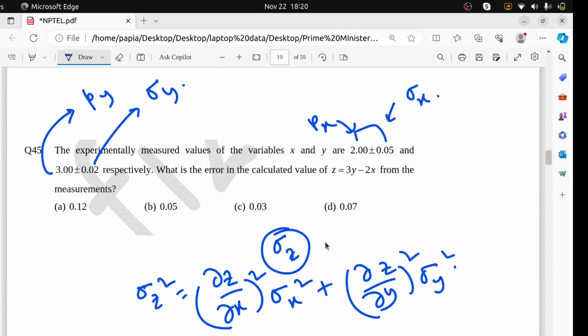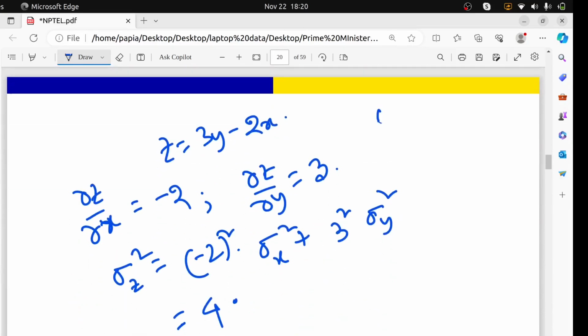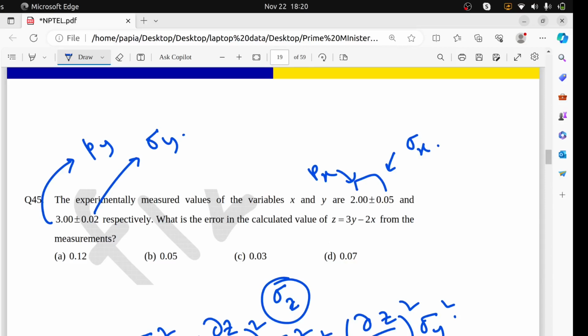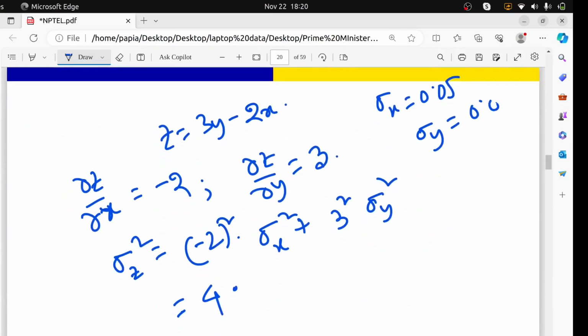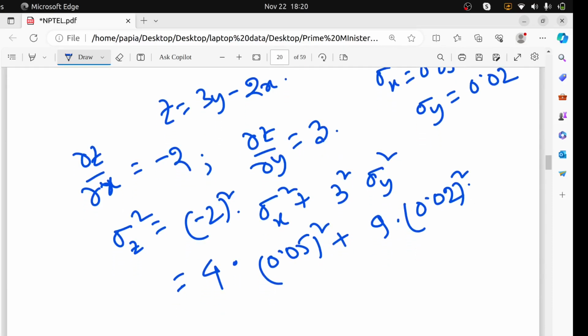Sigma x square is how much? You can see here 0.05 as sigma x. I am going to write here sigma x is 0.05. Sigma y was how much? 0.02. So 0.05 whole square into 4 plus 9 into 0.02 whole square. That will be sigma z square.